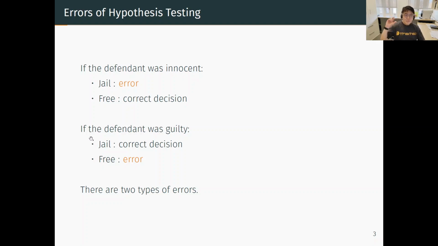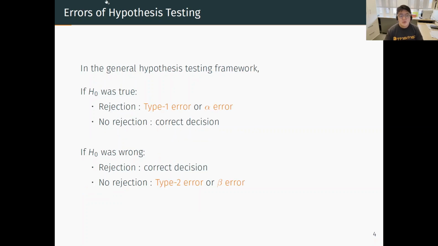So what is right and what is wrong depends on what the truth is. So there are two different types of errors. In the general setup, we put it this way: if the null hypothesis was true, then we should not reject the null hypothesis. In that case, rejection is an error.